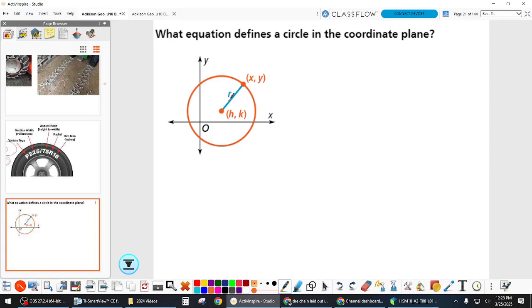So let's see if we can put this together. So distance formula, let me write that real quick. That's going to help us with radius. Because if I said how long is radius right now, you see how it's the distance between 2 points on a grid? Okay. So D equals, do you remember what it was?